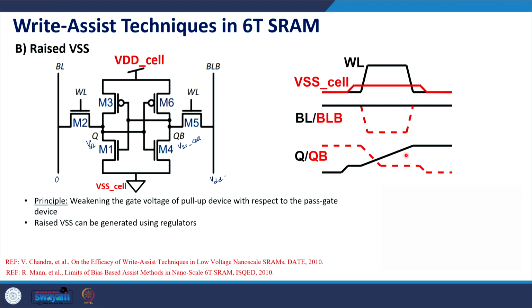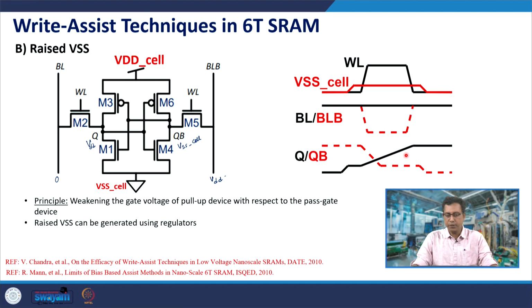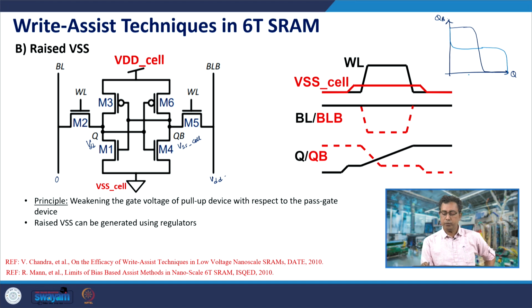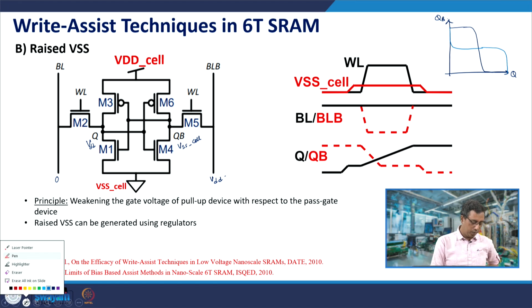What you can see here is that the metastability point or separatrix also moves. How does that move? We can just see for an understanding. If this is without the write assist circuit, if this is the butterfly curve, then with the write assist circuit, how would it look?